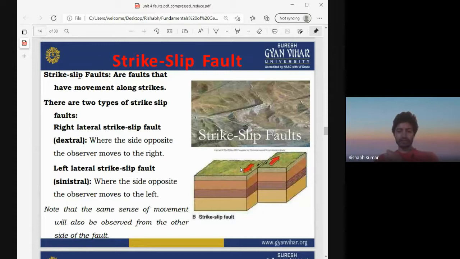So it is going to be sinistral or left lateral strike. And if you are seeing from this side, then this block will be the opposite to you. This block will be the opposite to the observer, and again this will be moving left with respect to you. So this is your left lateral strike slip fault.